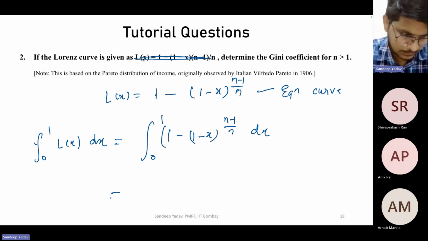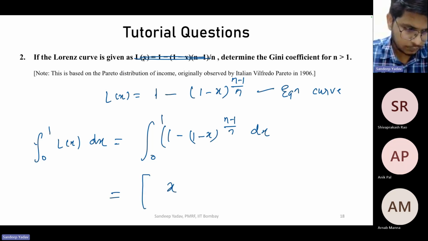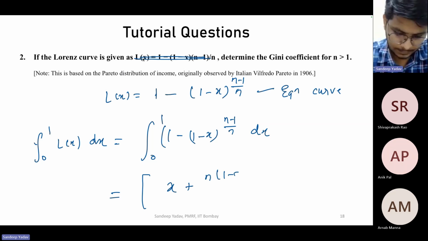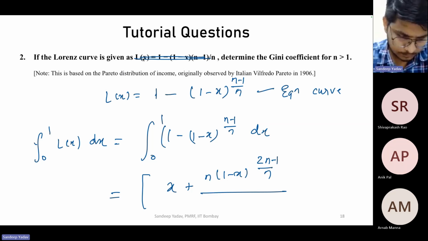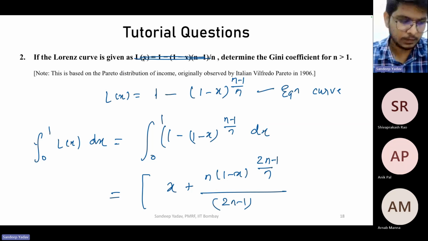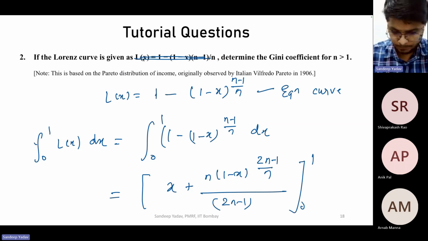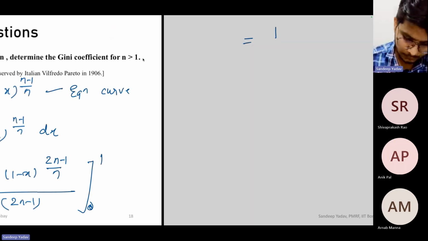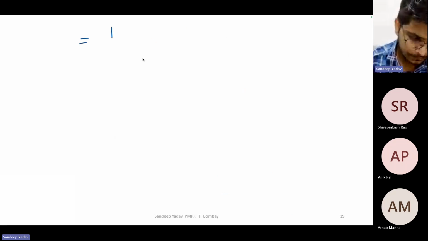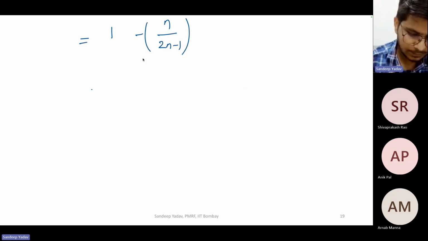If you integrate it, it comes out to be x upon n times (1 minus x to the power (2n minus 1) upon n) divided by (2n minus 1), with limits 0 to 1. When we put the limits 0 to 1, x is replaced by 1, and we get 1 minus n upon (2n minus 1). That will be (n minus 1) upon (2n minus 1).